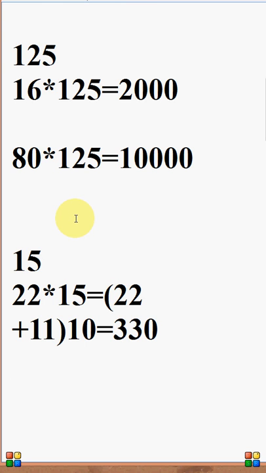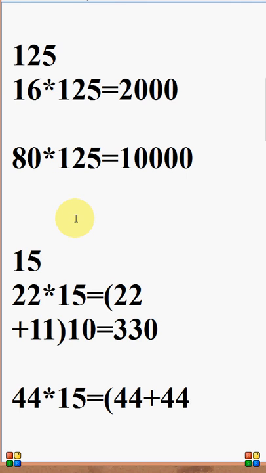Let us take another example. Suppose we want to multiply 44 into 15. Now I will show you with the steps. 44 plus 44 divided by 2, into 10.